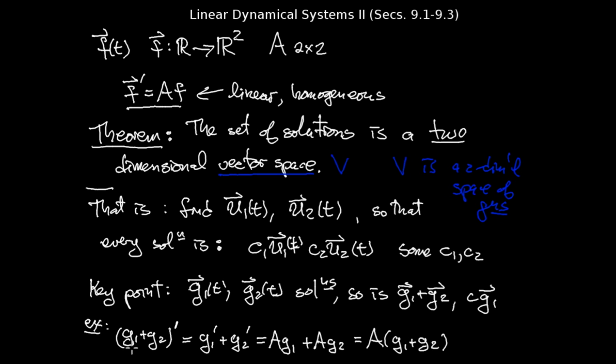So if g1 is a solution and g2 is a solution, then g1 plus g2 is a solution. So that shows that this thing is a vector space. And the fact that it's two-dimensional, well, that takes a little bit more work, and I might say a word about that next time, but for now, let's just leave it at that.